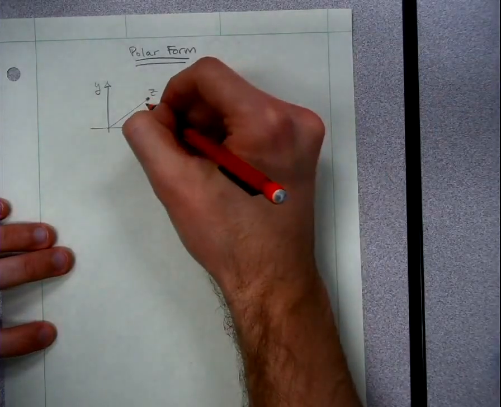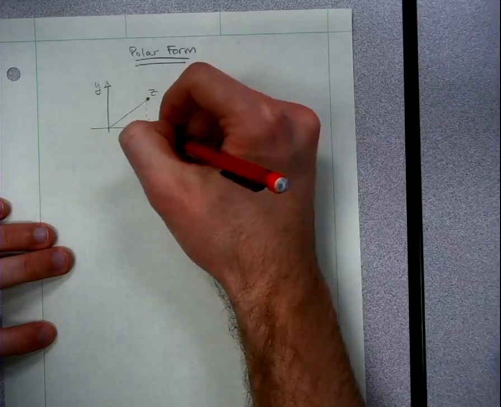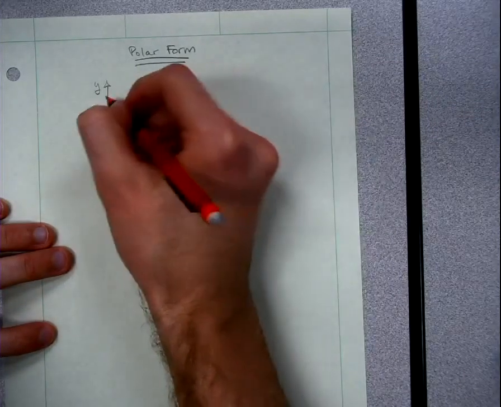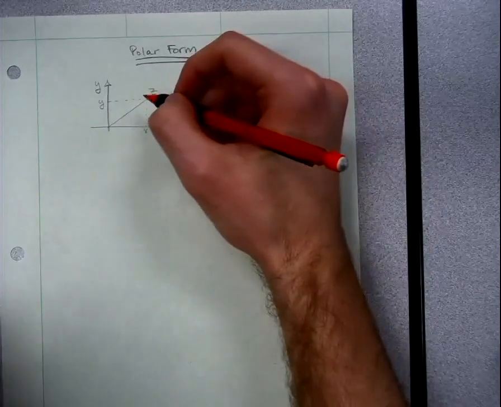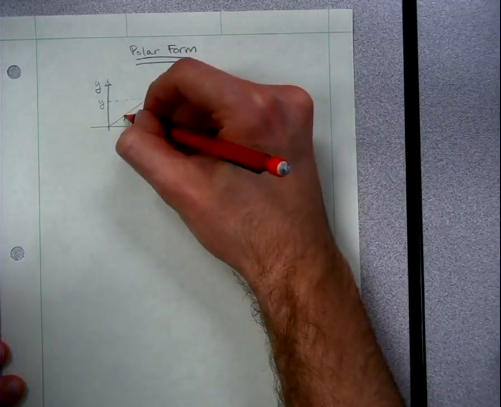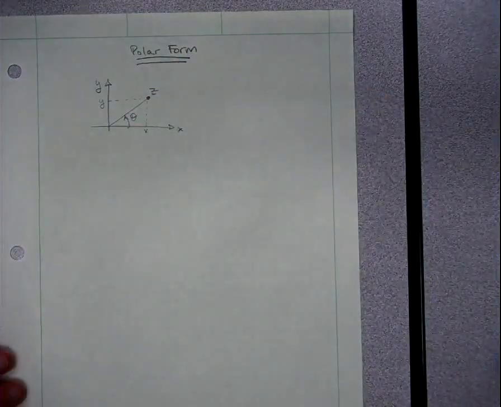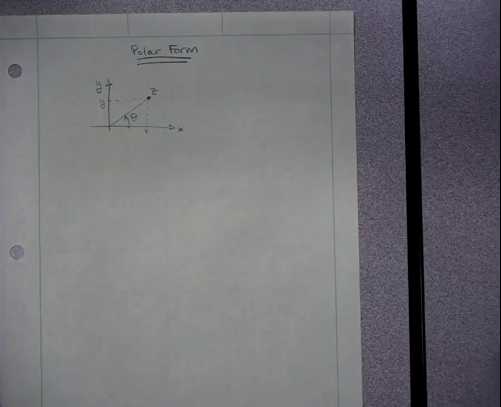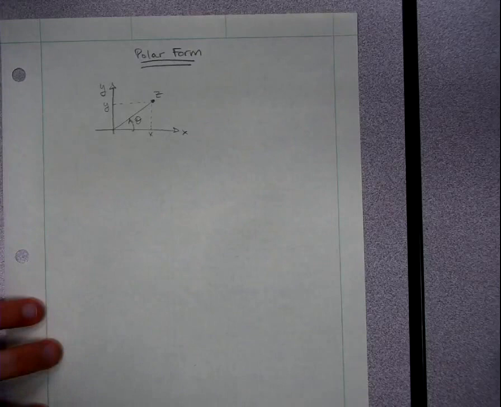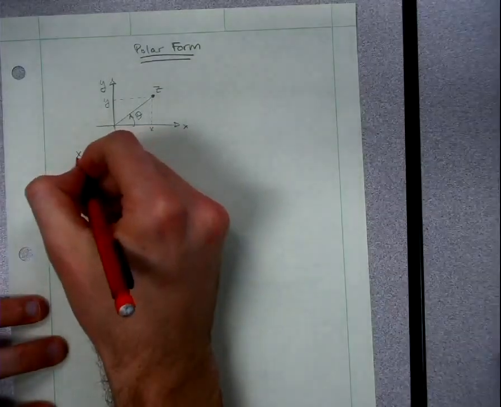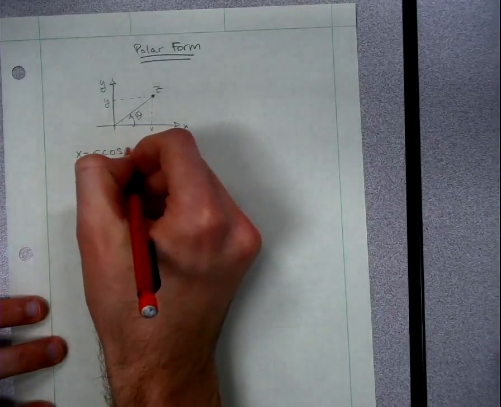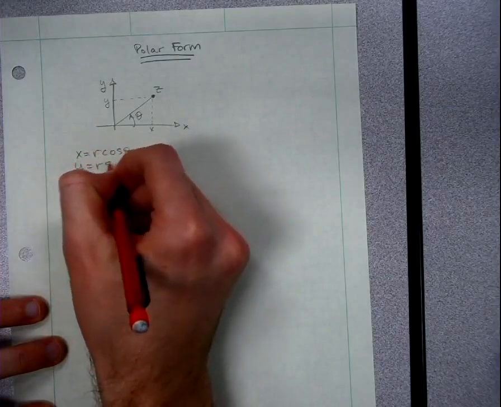And its coordinates, and an angle is also associated with it, so there's our theta angle. And we want to express it in polar form. So we know that in polar form, x equals r cos theta, and y equals r sine theta.